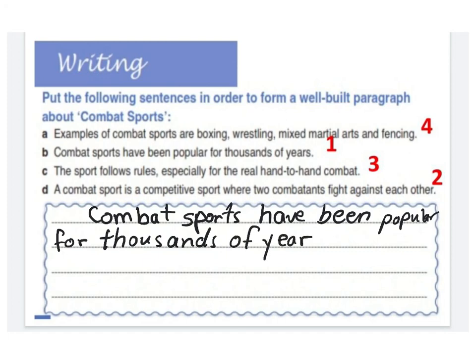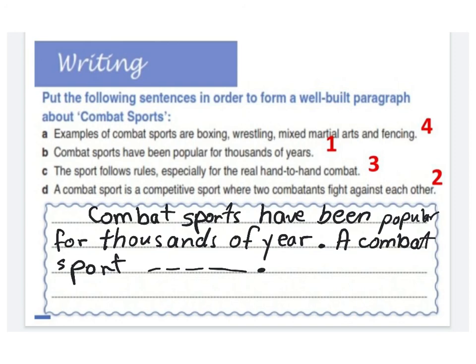Now when I finish the sentence, I put a full stop. Then I go to the second one. I don't start a new line afresh, I go on. Number 2, a combat sport. The same, I write number 3.